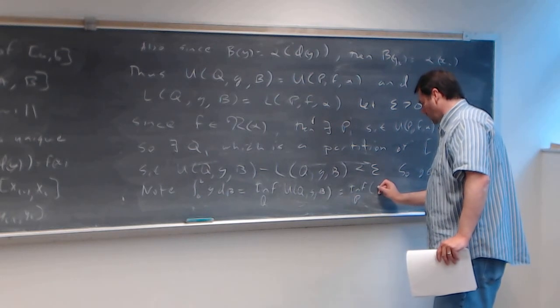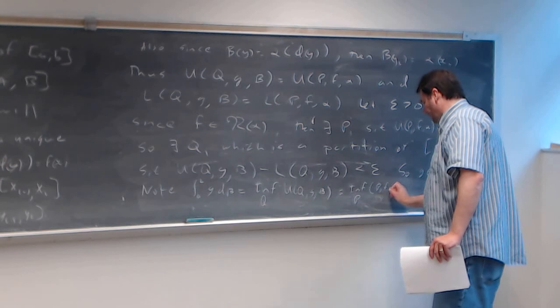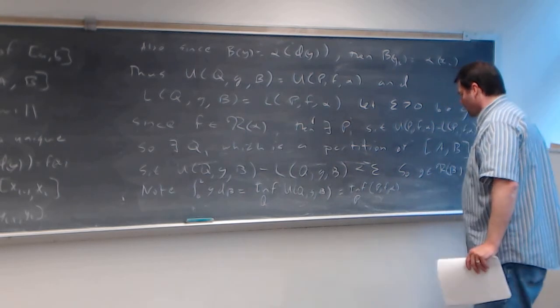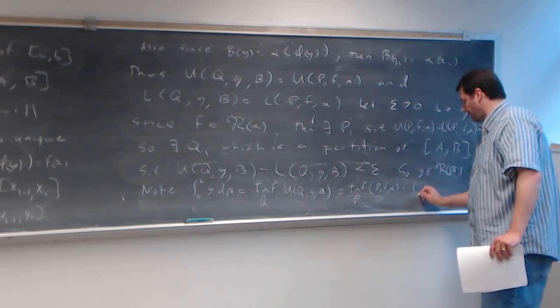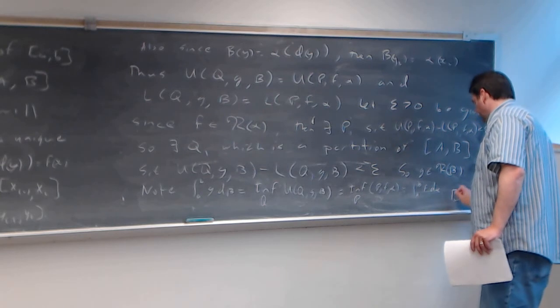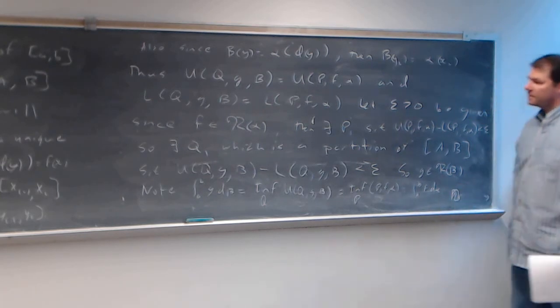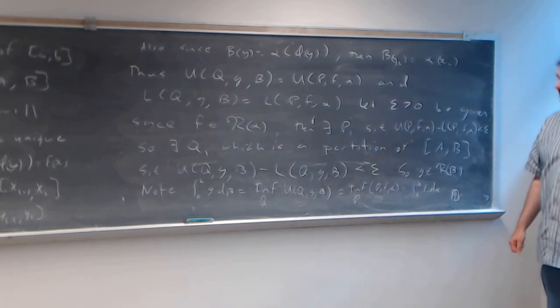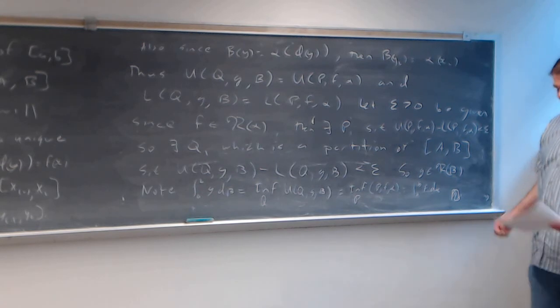And that's just equal to the integral from a to b of f d alpha. And so that proves the result. Well, that's our theorem, which gives us the ability to use substitution in integration.